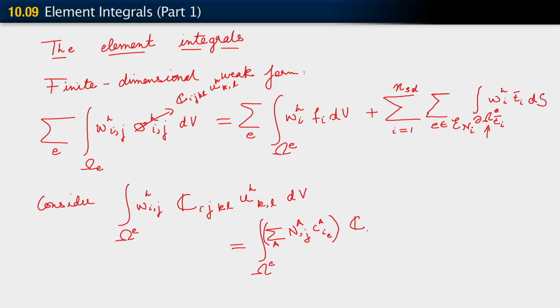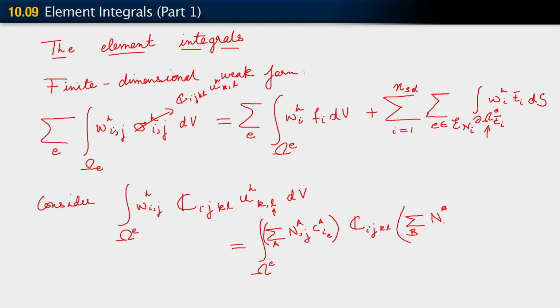We have here C_IJKL, and again we have the sum over B of N_B. Now the gradient is represented using the coordinate direction L, right? Of course L runs over 1, 2, 3.